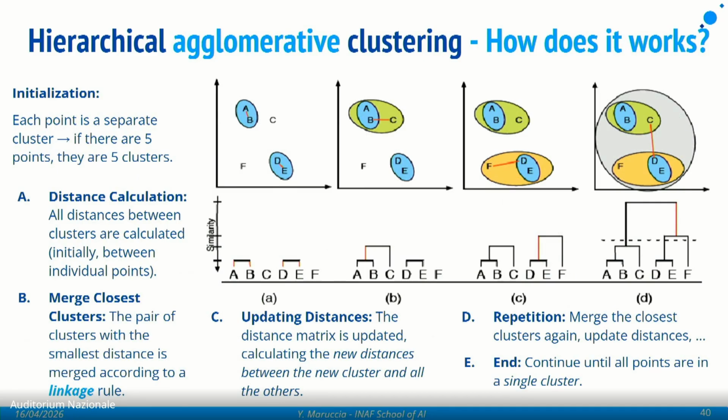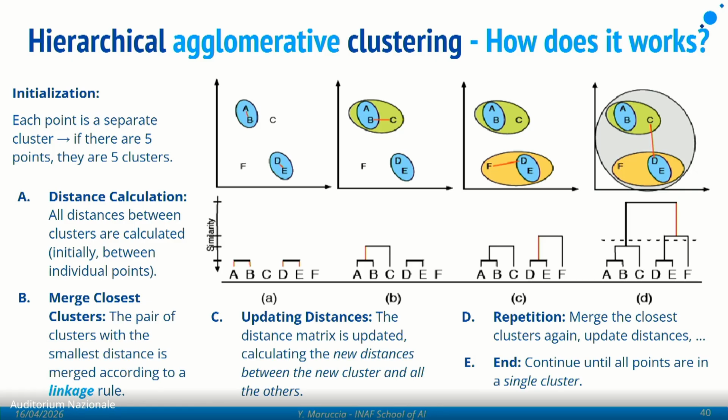In a mathematical way, that is a little bit difficult. We have the 5 points that are separated and are 5 clusters. Then we have to calculate the distance between clusters, which initially are individual points.